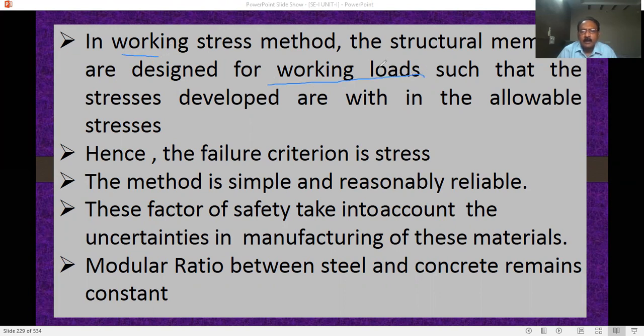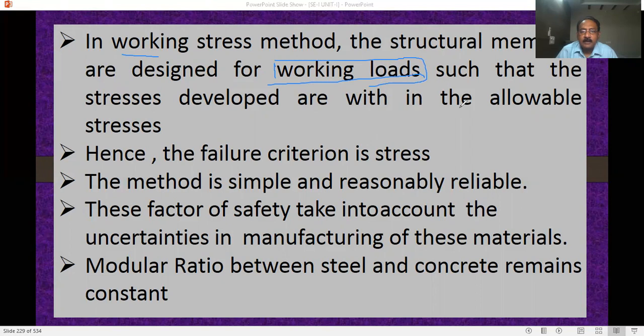Suppose a vertical load on a column is 1000 kilonewtons. We will take only that working load in design. So that is the difference between this and other designs.